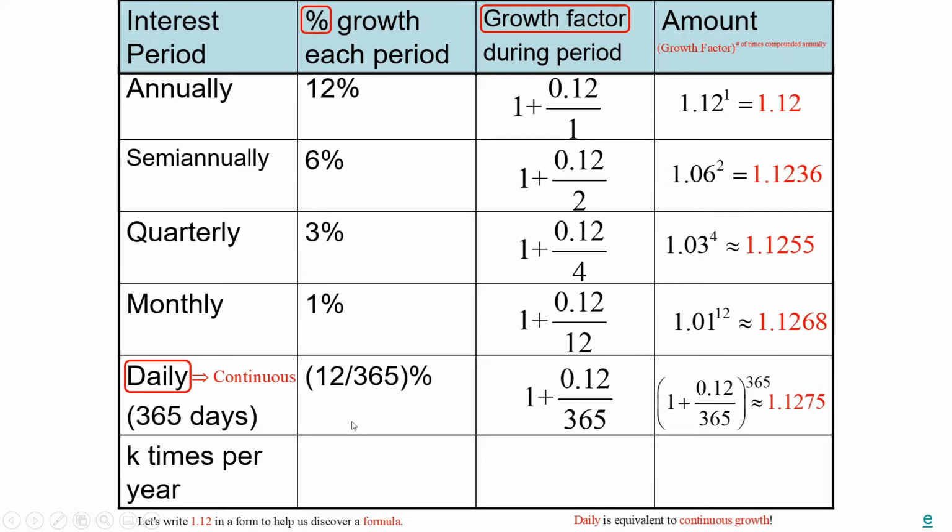Okay? And now we take what we've done and see if we can come up with our formula for K times per year. So wouldn't this be 12 divided by K percent for my percent growth each period? Yes, it would. And now I'm going to go over here, 1 plus 0.12 divided by K. And then this becomes 1 plus 0.12 divided by K to the K power.